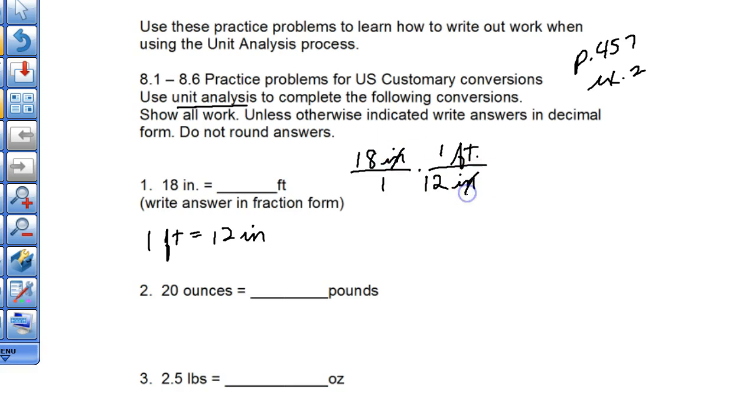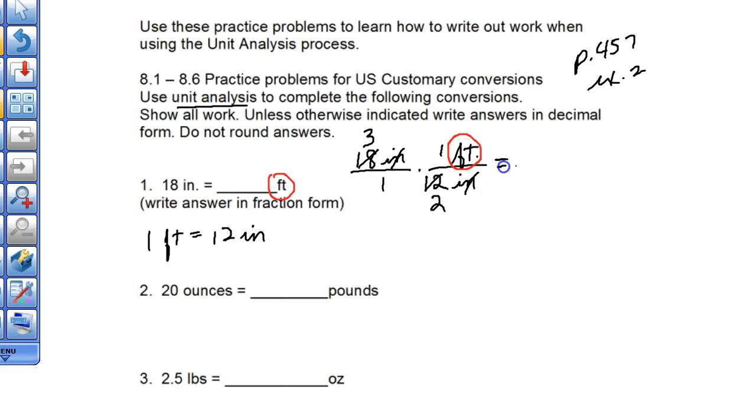And when we're multiplying fractions, I can cross-cancel numbers, but also labels. 12 and 18 both divide by 6. 6 goes into 18 3 times, into 12 2 times. So once I've done all the cross-canceling, I notice that my last unit is the unit that I want to end up in, so I know I have it written out correctly.